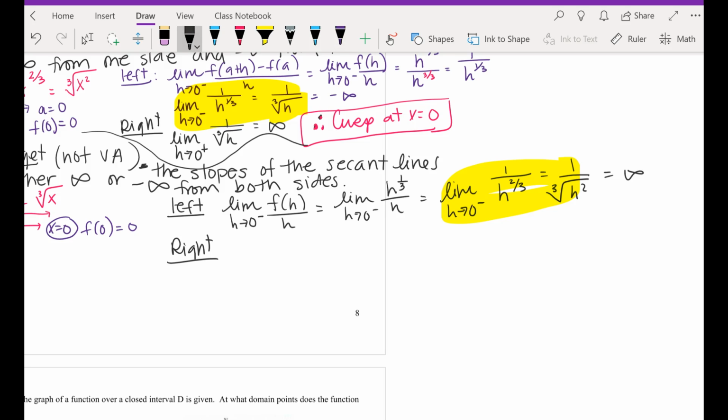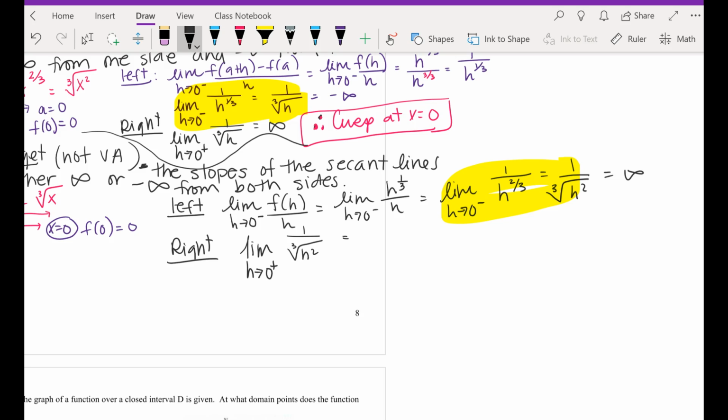So right hand, similarly, I'm going to change h to positive. 1 over the third root of h squared. h is now positive 0.001, square that, still small.